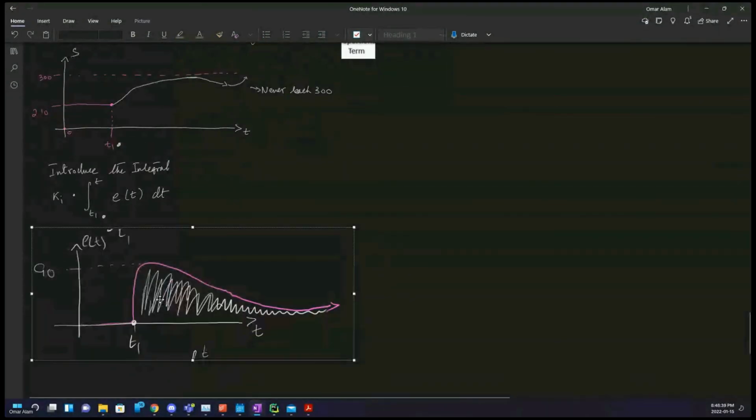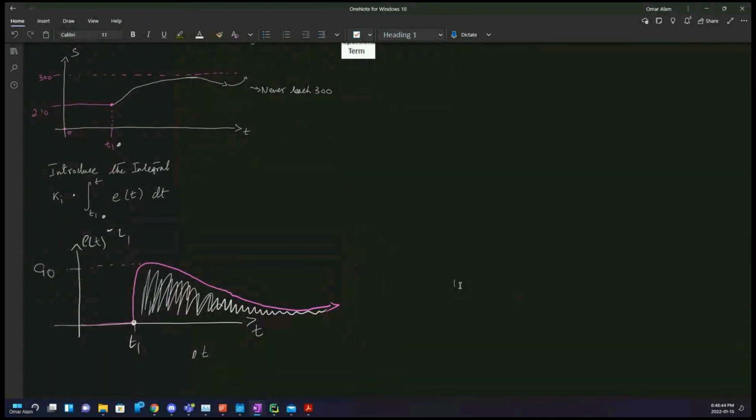So here's what the error graph would look like essentially. At t1 before, your error value is 0. And suddenly at t1, you set the autopilot to 300 kilometers an hour, and suddenly your error function goes up all the way to 90. And as your proportional controller is telling it 90% throttle, 80% throttle, 70, 60, 50, it starts going down.